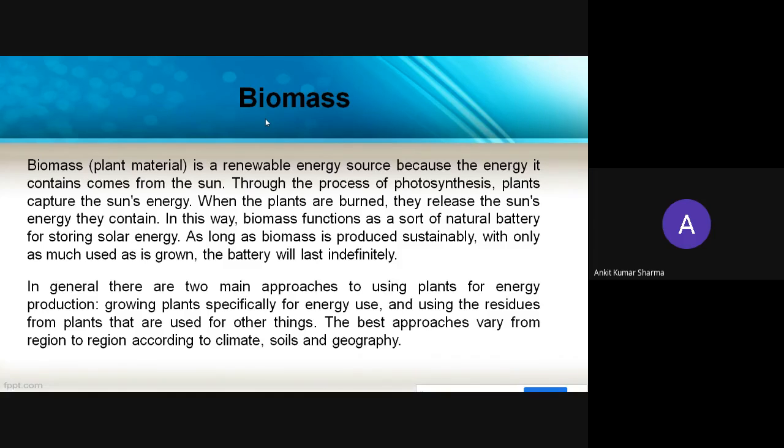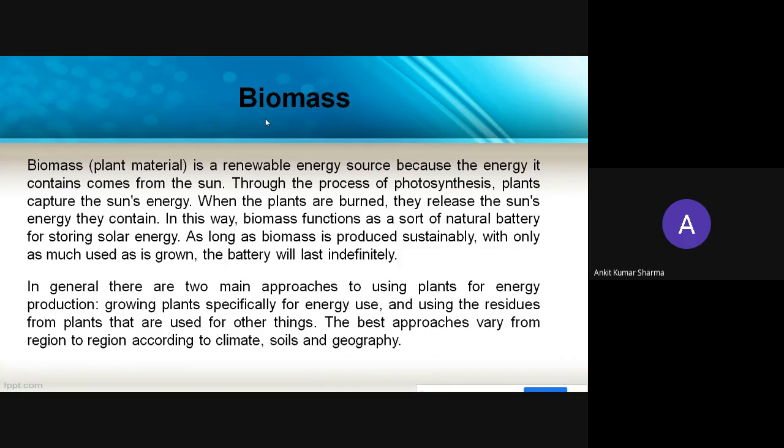In this way, biomass functions as a sort of natural battery for storing solar energy. In the case of biomass, we use plant material, and the plant grows by photosynthesis, which is directly related to the sun's energy.